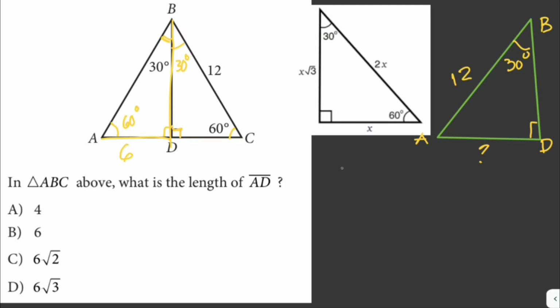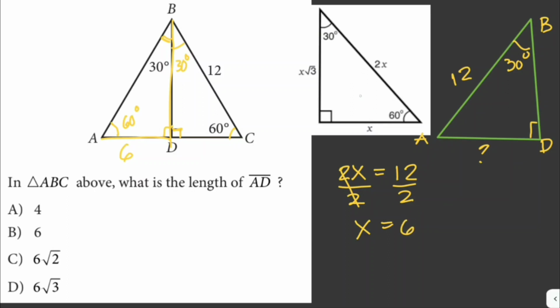Okay, so let's solve for x first. The hypotenuse is just equal to 2x, so 2x equals 12. So our x is equal to 6.